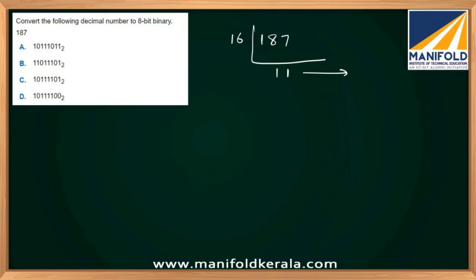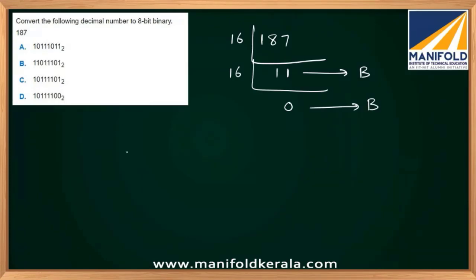And what is 11 in hexadecimal? B, right? Is it A or B? It's B. Now let's see this one. 16 will go into 11 zero times, and the remainder here is B.